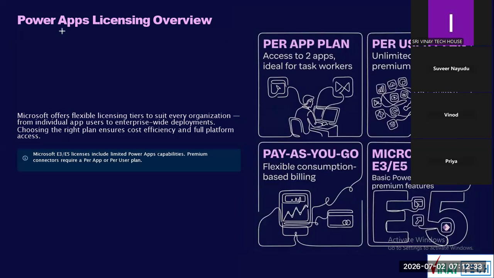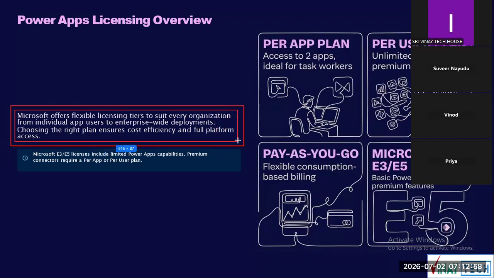That is about licensing. Coming to the Power Apps licensing model, Microsoft offers flexible licensing to suit every organization, from individual app users to enterprise-wide developments. Choosing the right plan ensures cost efficiency and full platform access. Basically, who will provide this information?